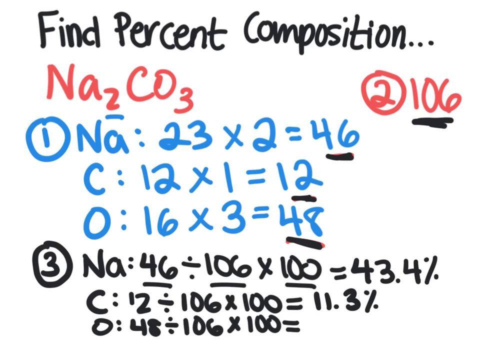And when we do 48 divided by 106 times 100, we get 45.3%. And what you'll see is that those 3 numbers, which are your answers, should add up to 100%-ish. If you're off by 1 or 2%, that's fine. But they should add up to 100% because overall, we have the whole molecule, 100% of the molecule.